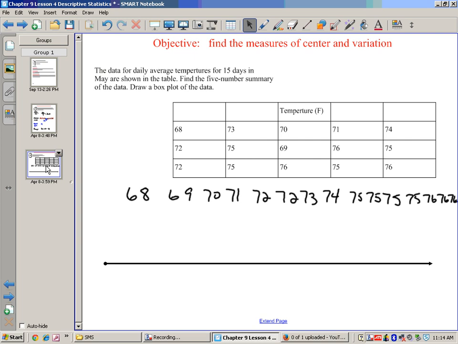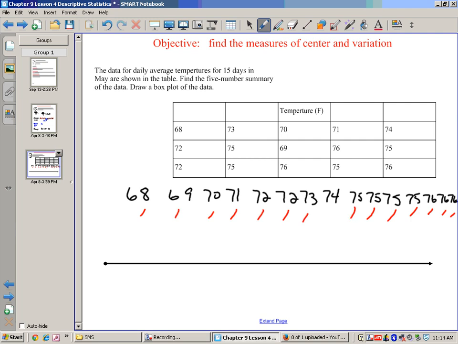So what we need to do here to do the box and whiskers, first we have to find the median or the middle. So if we scratched all those off, go from 68, 76, another 76 to 69, a 70, another 76, a 71, a 75, 72, a 75, a 72, a 75, 73, 75.